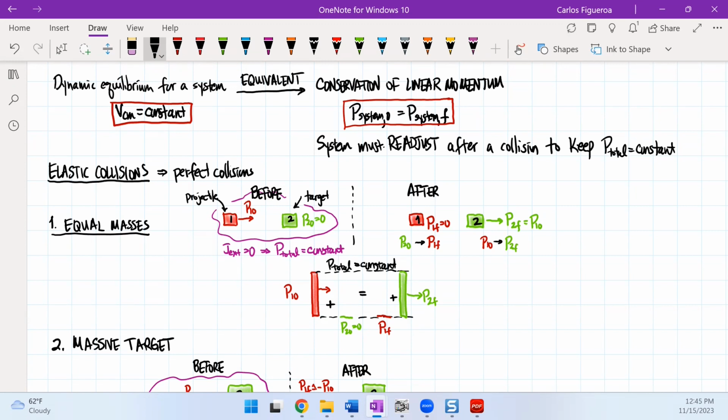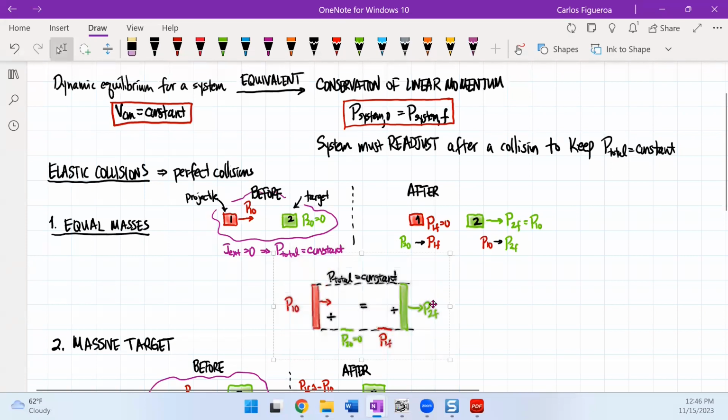So if I look at a momentum bar diagram, here's what I'm seeing here. I see here that the momentum of P1 is going to the right. It has direction. Therefore, the momentum after the collision has to be the same height going to the right.